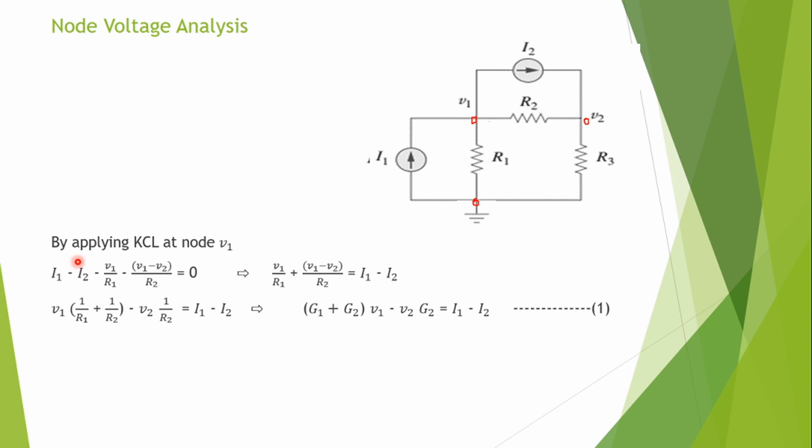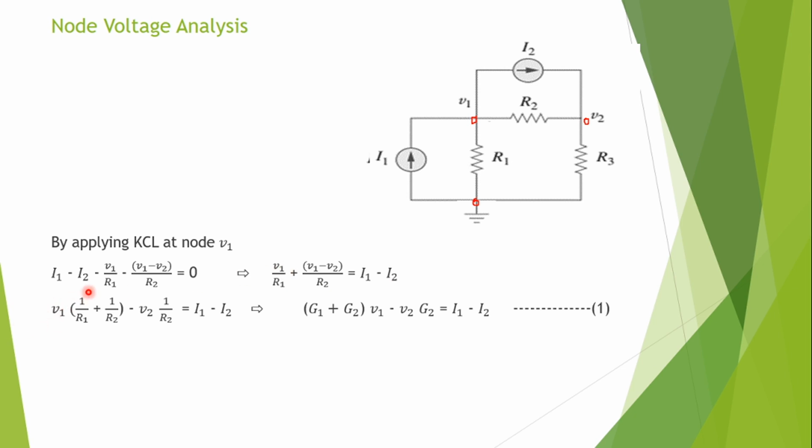Now I'll take the source currents to the other side and the drawing currents to the other side. So V1 by R1 plus (V1 minus V2) by R2 equal to I1 minus I2. Then I'll rearrange in terms of the coefficients of V1 and V2.